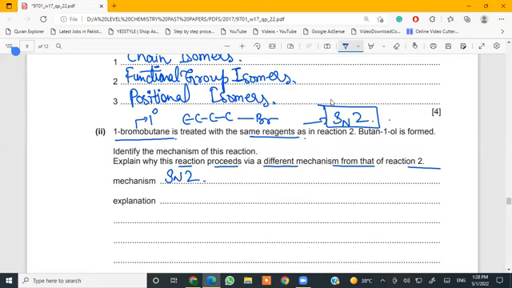First, we need to identify that the alkyl halide is primary. So 1-bromobutane is a primary alkyl halide.